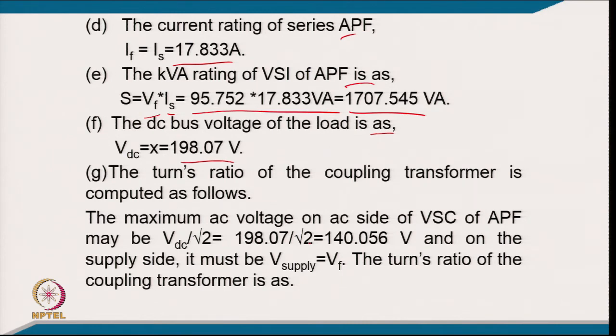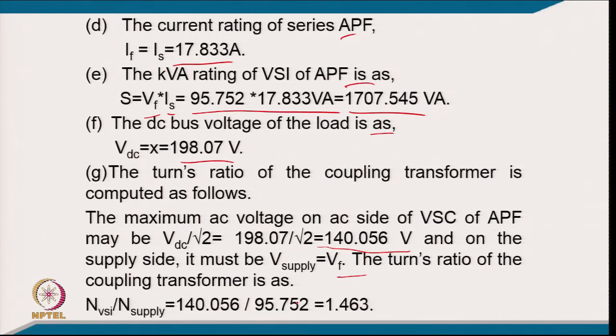That is VDC by root 2, that is the voltage we can generate. And on the supply side we have to inject only the VF. So, the turns ratio from this we can calculate: this much voltage we can generate from the inverter, and this is the voltage to be injected into the supply. So, the ratio of this comes 1.463. This is on the inverter side, and this is the injected voltage on the grid side. So, this is the turns ratio.